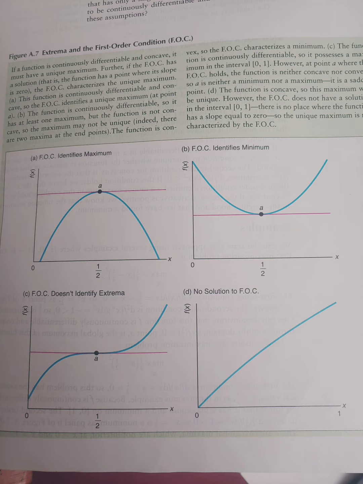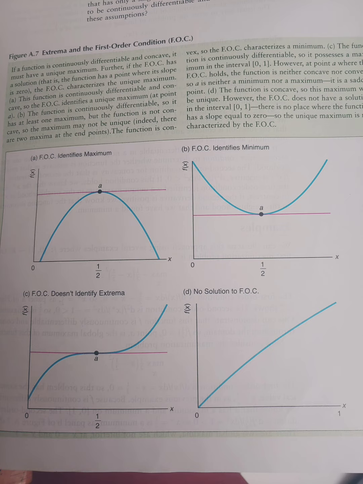Panel B in figure A.6, interior extrema, has a concave curve sloping downward, but the maximum is at the corner, at the origin. In figure A.7, extrema and the first order condition, FOC. If a function is continuously differentiable and concave, it must have a unique maximum.